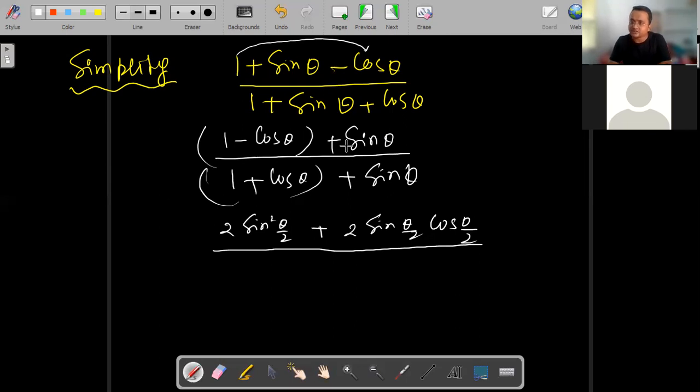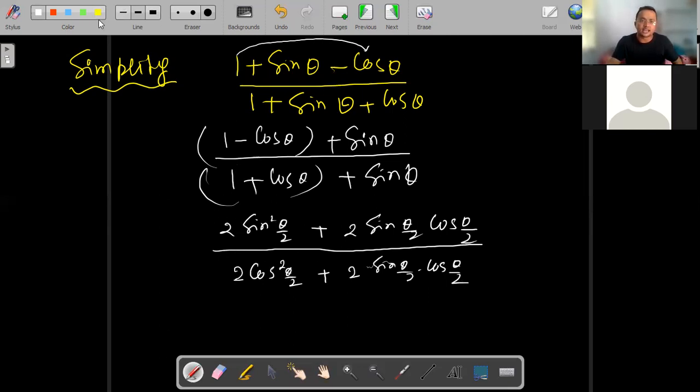Then 1 plus cos theta, from 1 plus cos 2a equals 2 cos square a, is 2 cos square theta by 2. And again, sine theta is 2 sine theta by 2 cos theta by 2. Very simple. Now just simplify it.